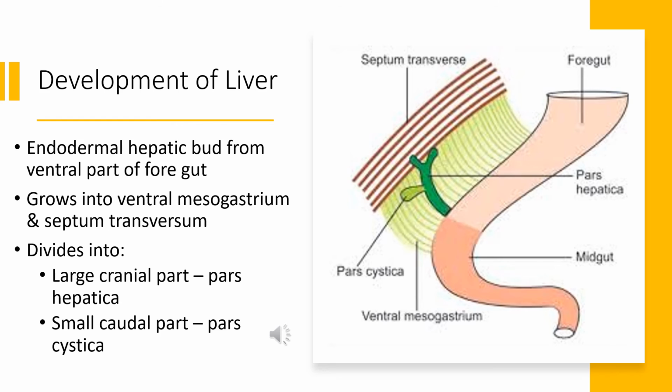And the hepatic bud soon divides into two parts, a large cranial part, which is called the pars hepatica, and a small caudal part, which is termed the pars cystica. So the hepatic bud grows into the septum transversum and divides into pars hepatica and pars cystica.